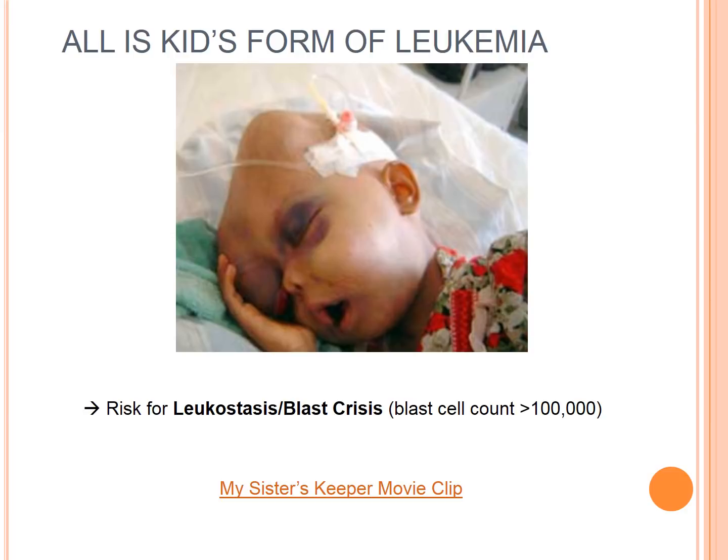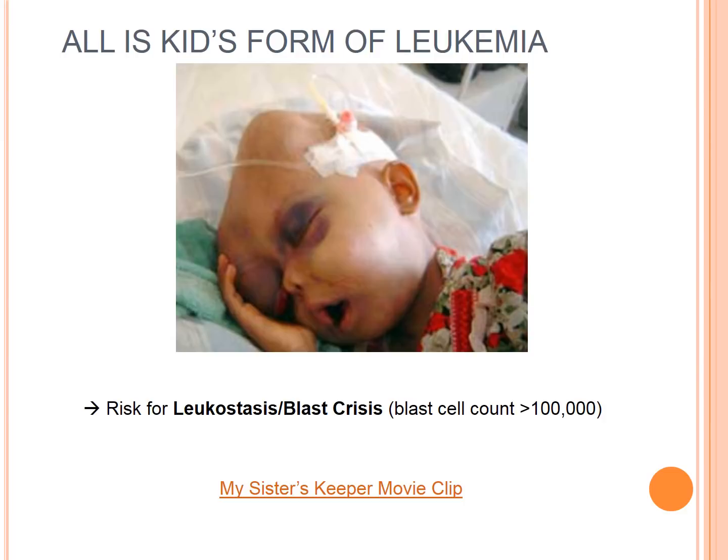All right. So with ALL, they are at risk for something called leukostasis or blast crisis. So remember the blast cell that I had mentioned before. A blast cell is an immature abnormal cell that doesn't have any sort of differentiation.